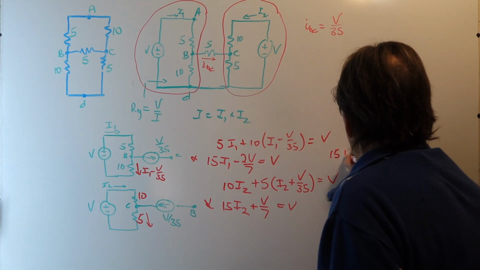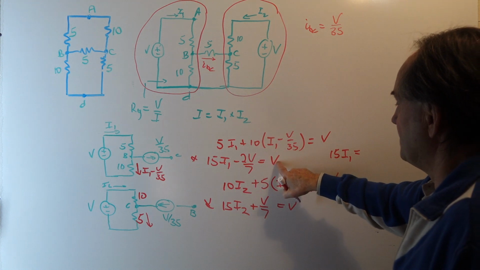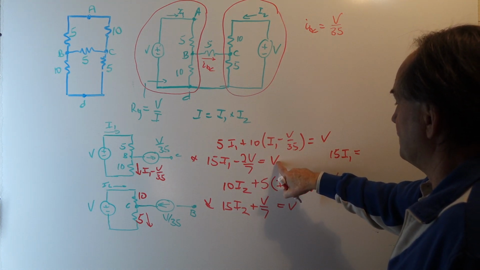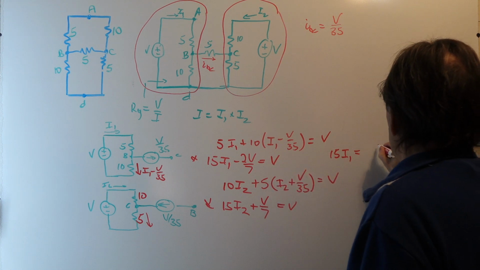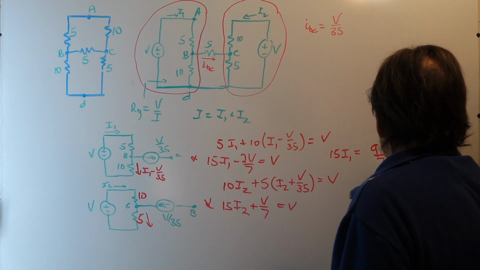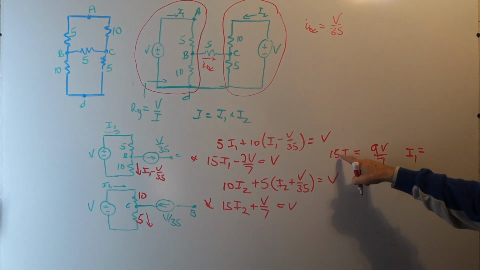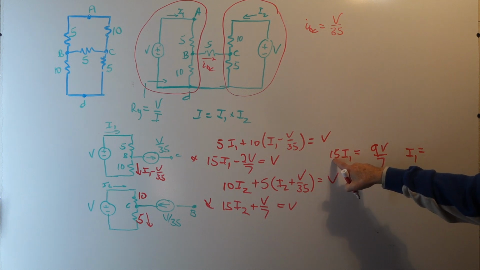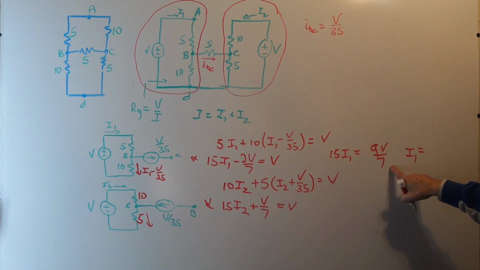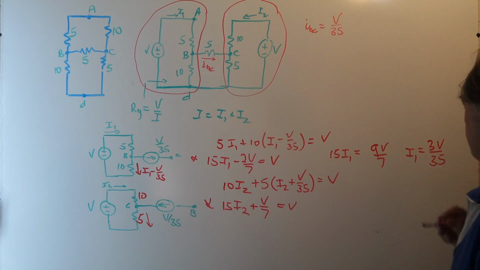15 I1 is equal to, bringing 2V over 7 and add to it V over 7, 7V over 7, so we get 9V over 7, or I1 is equal to, we have a common factor of 3, and that gives us 5 I1, which I can bring down to the denominator, so I have 3V over 35.